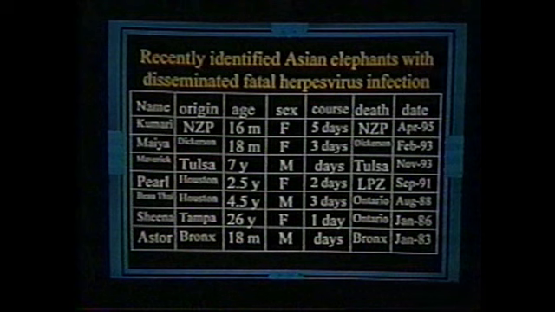The animals were usually young, ranging from 16 months to 26 years. That was the oldest, but mostly were young calves with an even sex distribution, a course of very short length, and death very rapidly after the onset of the disease.